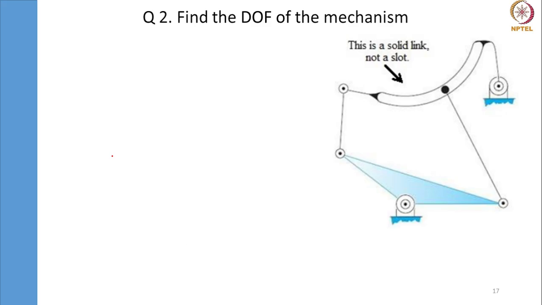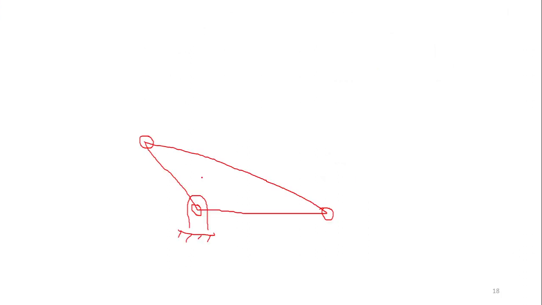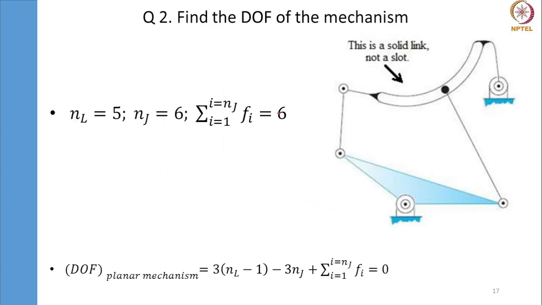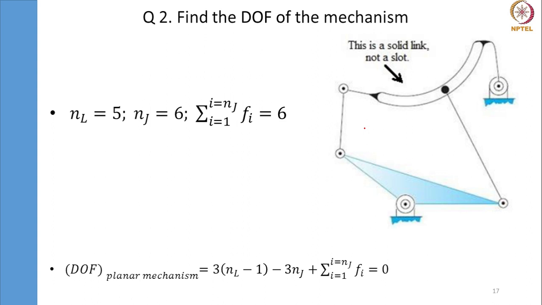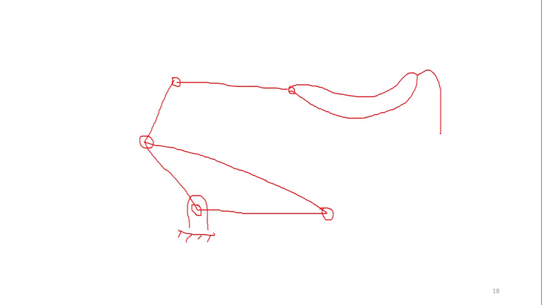Revolute joint here. Okay. I have one more hinge joint here.